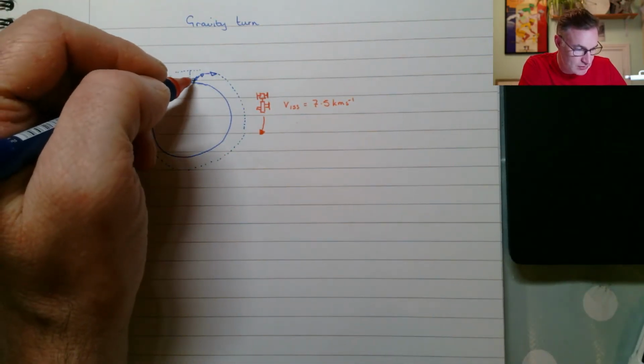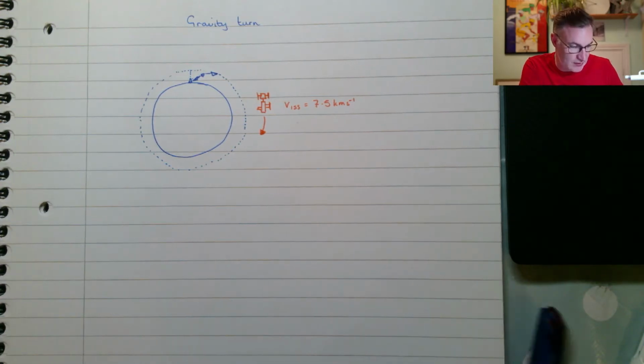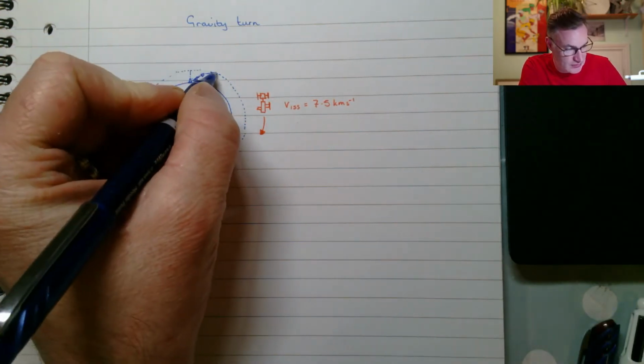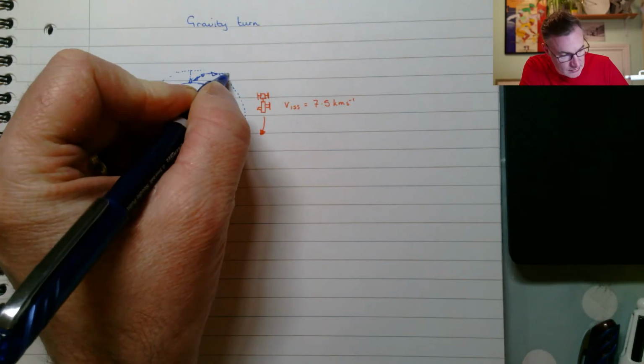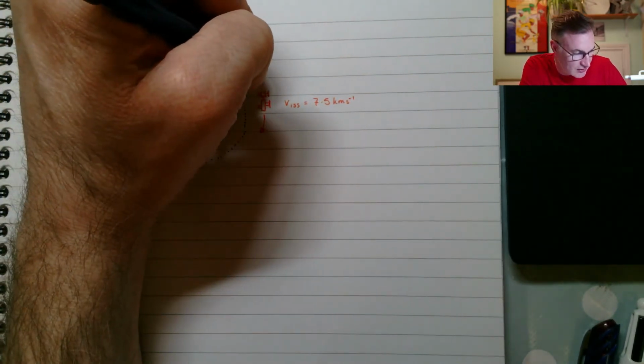The velocity is directly related to the altitude at which it orbits and the period at which it orbits, so if you accelerate your Falcon Heavy to 7.5 kilometers per second, then you'll put it here.